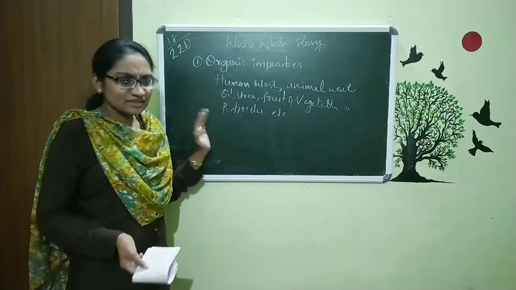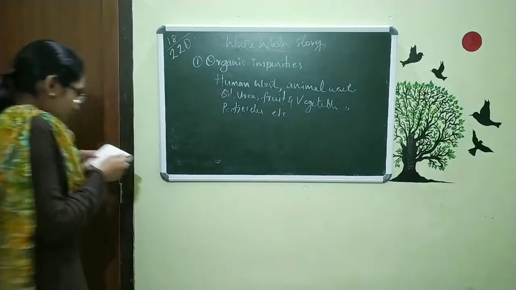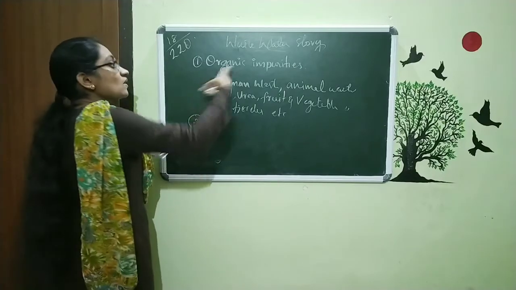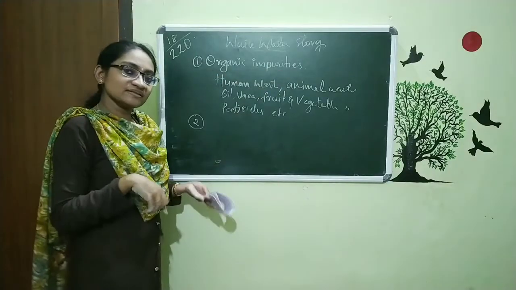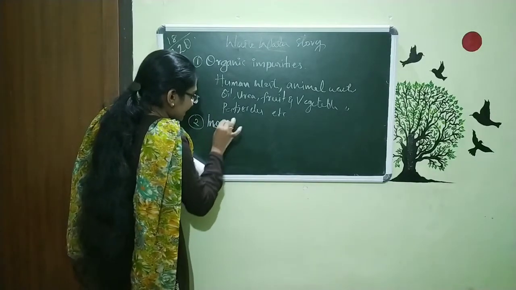That means a particular category that is getting mixed with water. Now we are going to discuss the second type of impurity. This is organic impurity, and the other one is inorganic impurities.